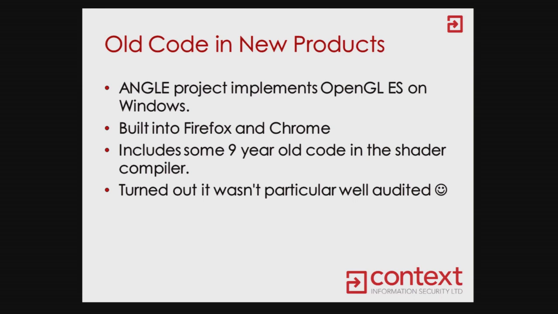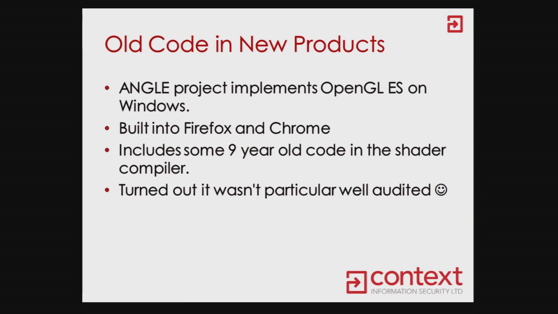Now, we identified when looking through it, just as a source code review, that while most of the code was quite well-written, relatively modern code, probably actually very modern code, for some reason, in part of the shader compilers, they put in some 9-year-old NVIDIA code. Okay, that may or may not be an issue.